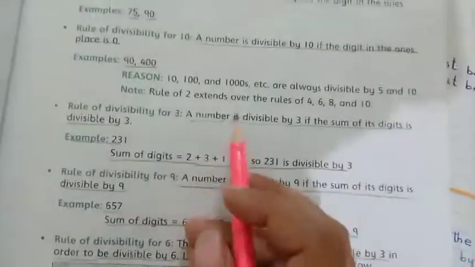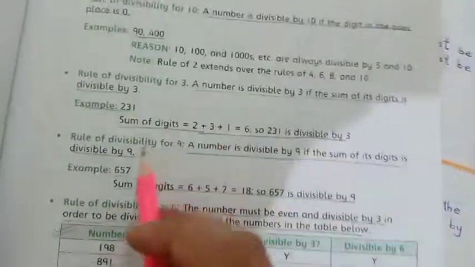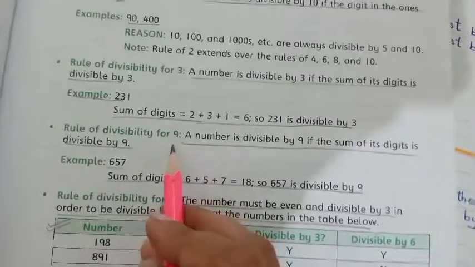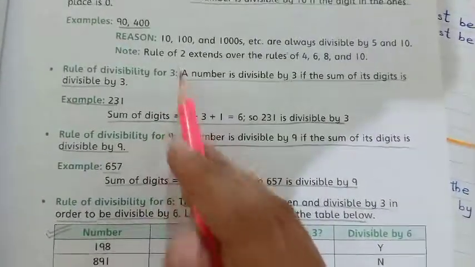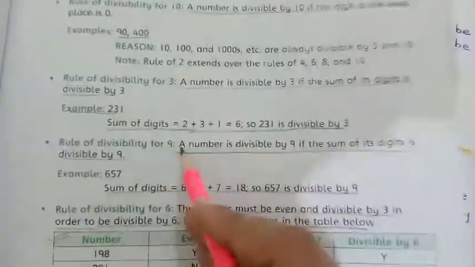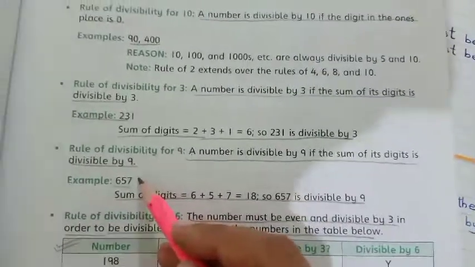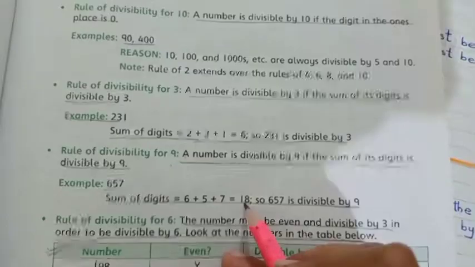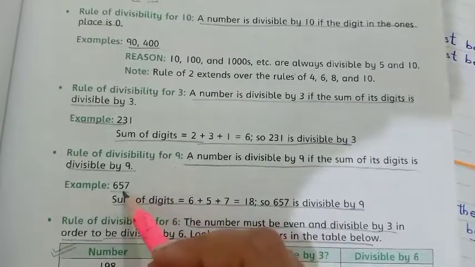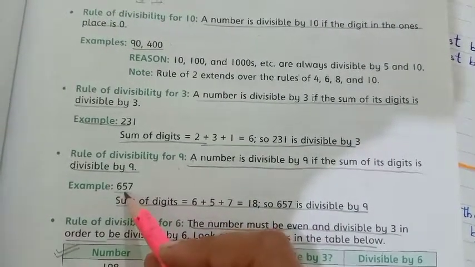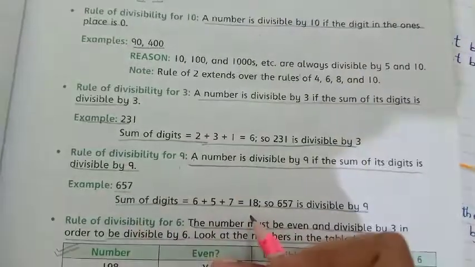Okay, after writing down the rule of divisibility for 3, you will write down the rule of divisibility for 9. The 9 and 3 divisibility rules are very similar. Likewise, in 9 also you have to add the digits and see whether the sum goes in the 9 times table or not. For instance, 657, add the digits. 6 plus 5 gives you 11, 11 plus 7 gives you 18.